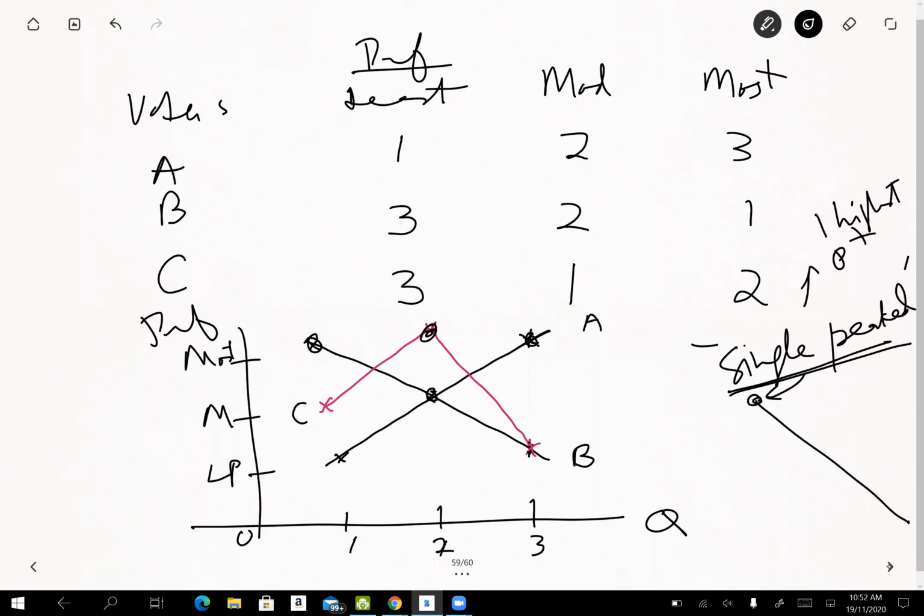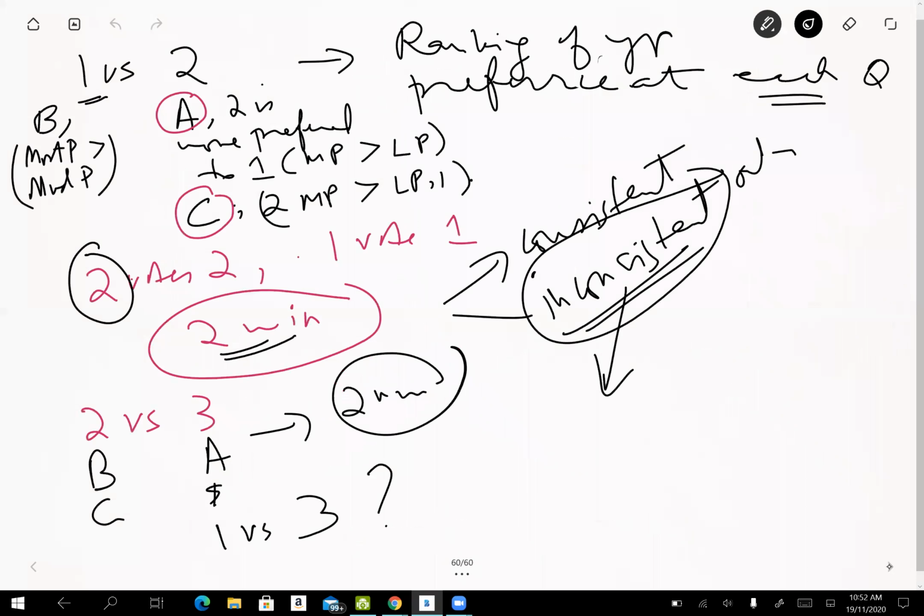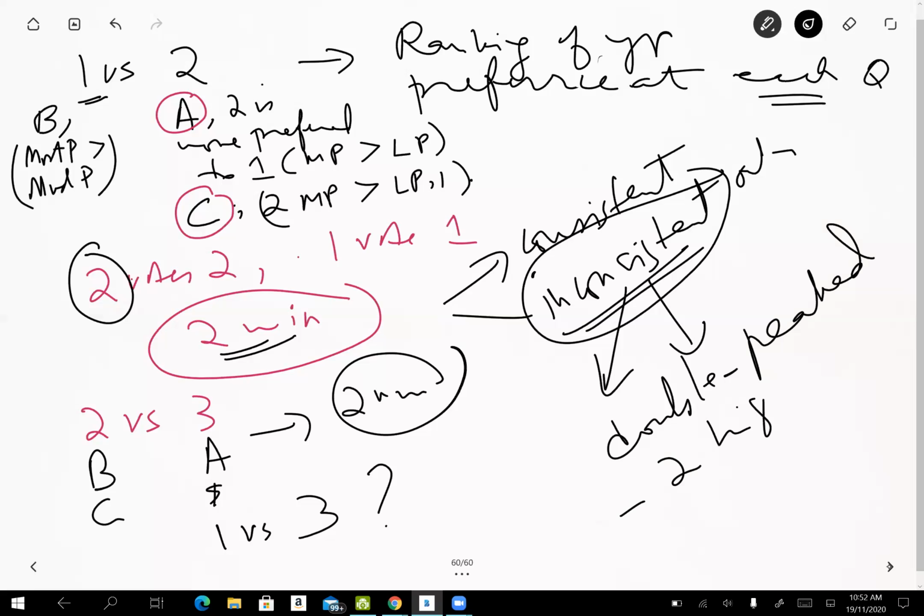Now double peak means you have 2 high points. So double peak means you have like a mountain with 2 peaks.